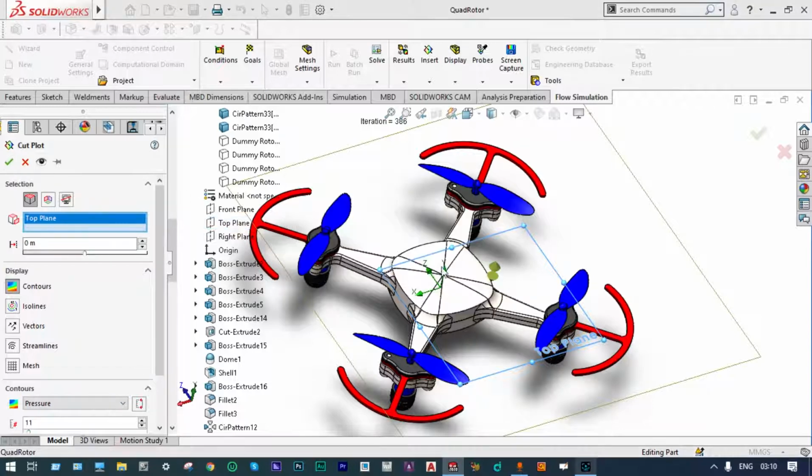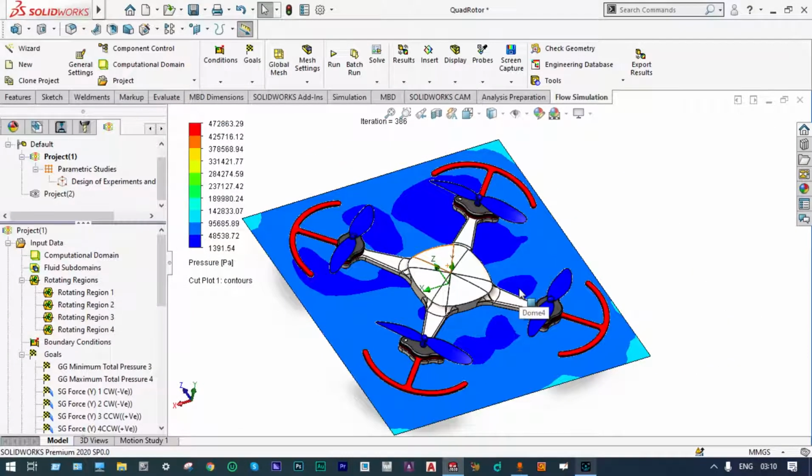Green check. You can see pressure at the top of the blade is less. Because of less pressure, it is moving up. And you can see at the down level, pressure is more. This pressure difference is responsible for the upward motion of this quad rotor.